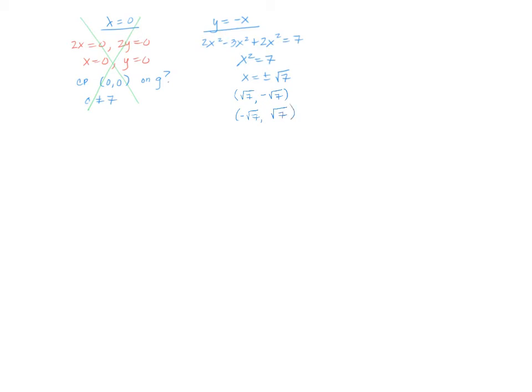So these are our critical points, provided these points are on G. Are these points on G? If you put in the square root of 7, negative square root of 7, it works, and they both work.